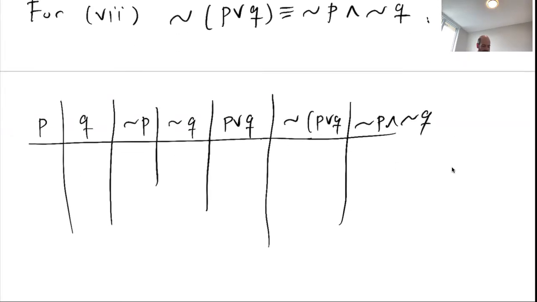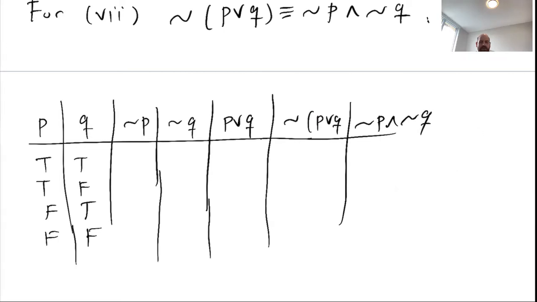Again, we have 4 possible cases: both true; true, false; false, true; and false, false. If P is true, negation P will be false, false, true, true, and negation Q will be false, true, false, true. And P or Q: if P and Q are both true, P or Q will be true.